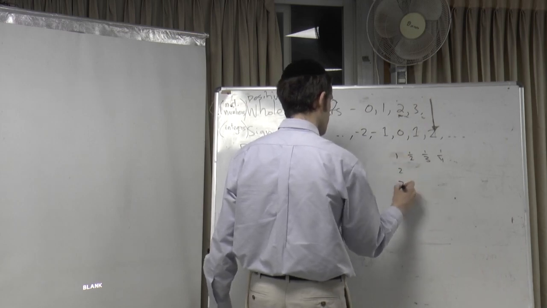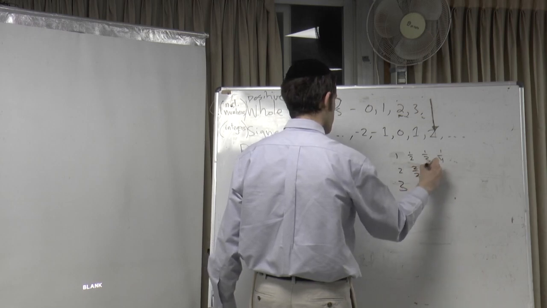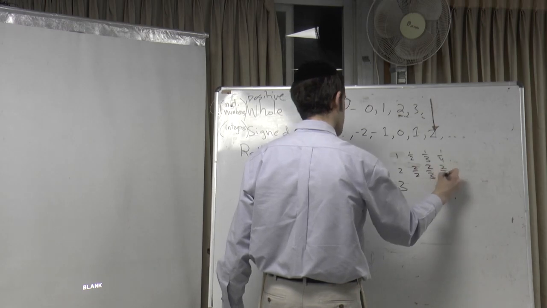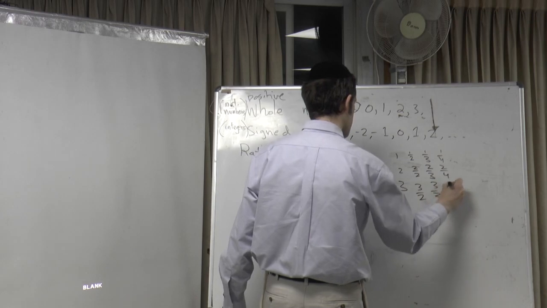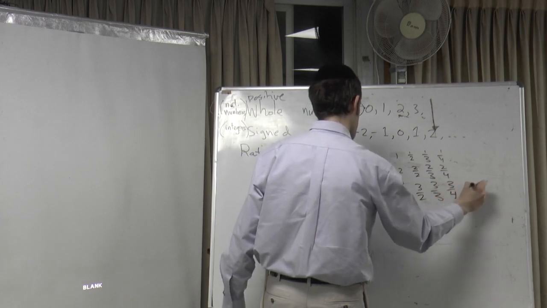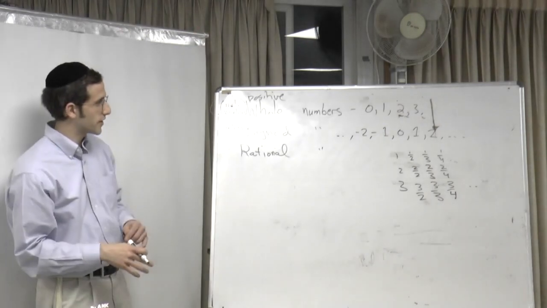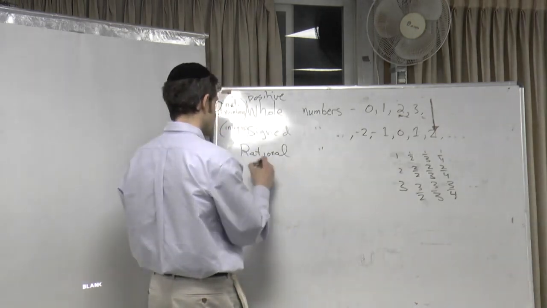Then 2 over 3, 2 over 4, 3 over 2, 3 over 3, 3 over 4, etc. There's a lot of them because you have to have the denominator and the numerator. These are fractions basically, or improper fractions.